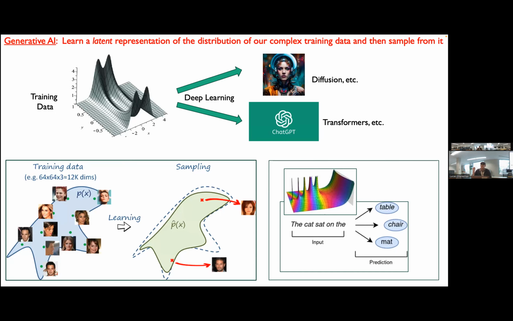When you sample from it, you're generating something that is potentially new, that is influenced by what's in that distribution of data. Whether it's an image or a video or the next token in the sequence you're getting from ChatGPT, that's really what you're doing: sampling from this distribution that you've learned through training a model.